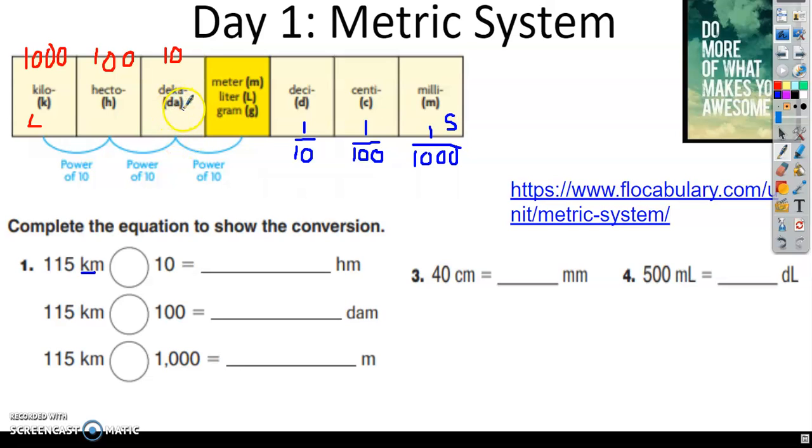That's how they changed deca to deci. The DA stands for deca. Kilometers to meters. Centimeters to millimeters. Milliliters to deciliters. So let's talk about how you do this.